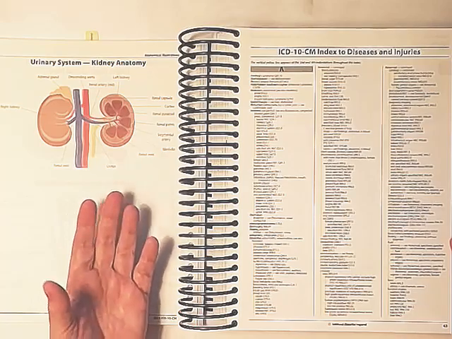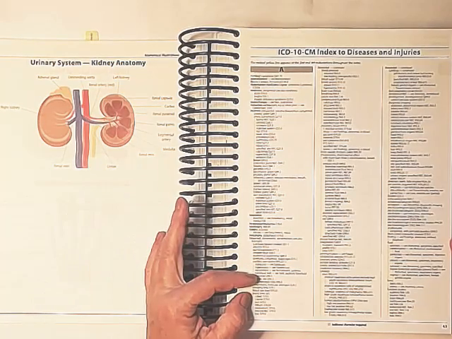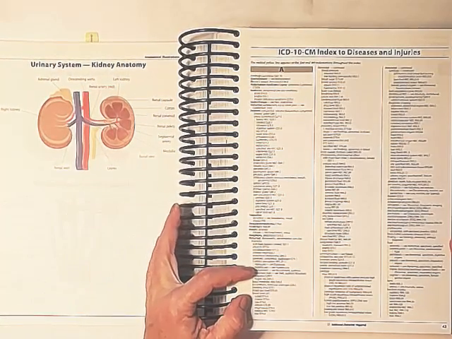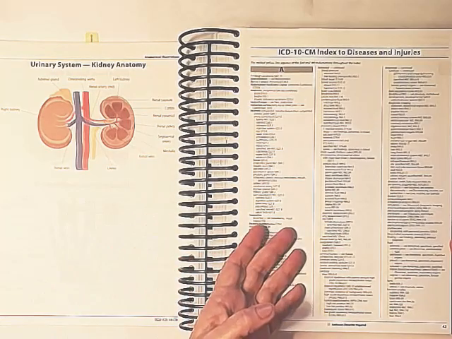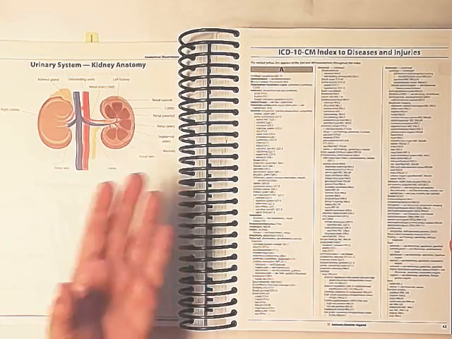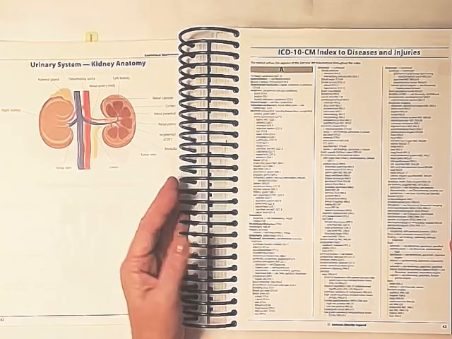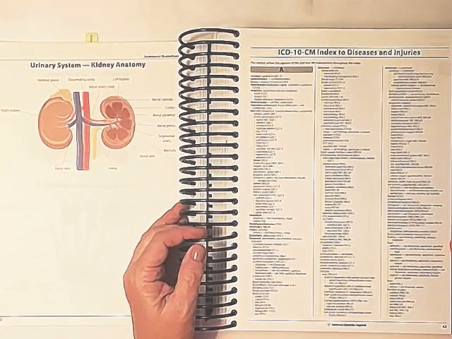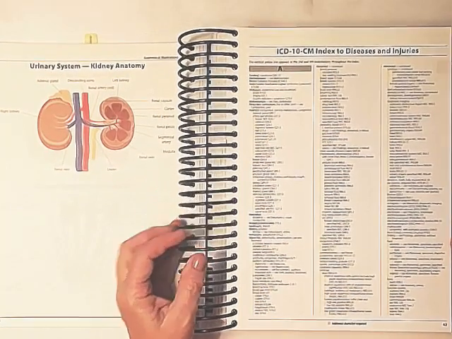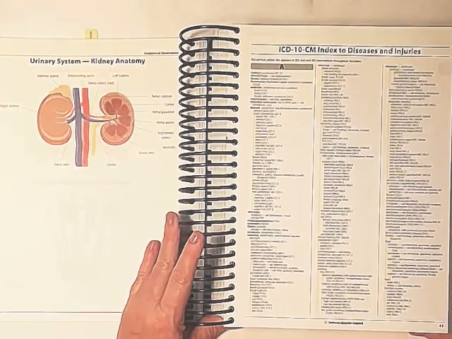I typically do not have as many notes in my ICD-10 as I do my CPT. Picking the diagnosis for me is an easier task than picking the procedure to go with it, because sometimes those procedures are really involved.